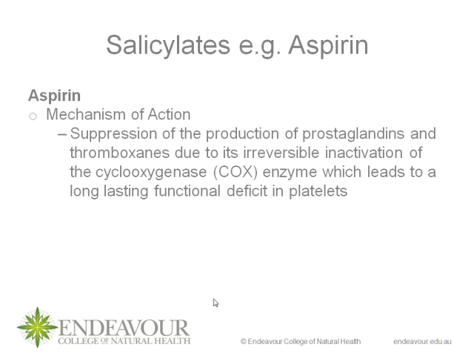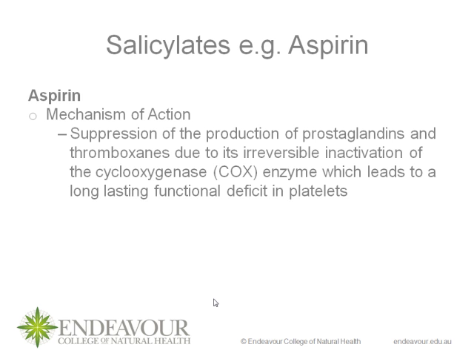We looked at various chemical classes. The first one was the salicylates. The best example is aspirin. The mechanism of action of aspirin as a non-steroidal anti-inflammatory is cyclooxygenase inhibition.